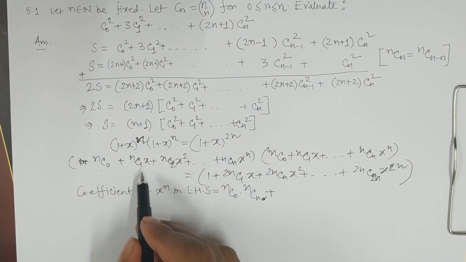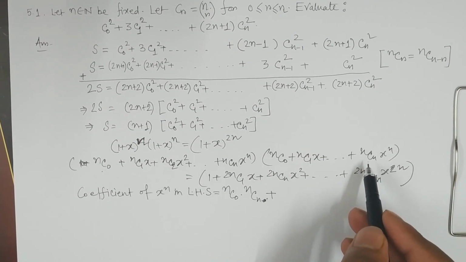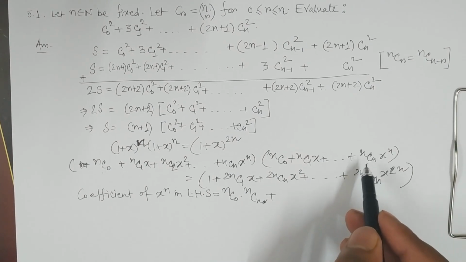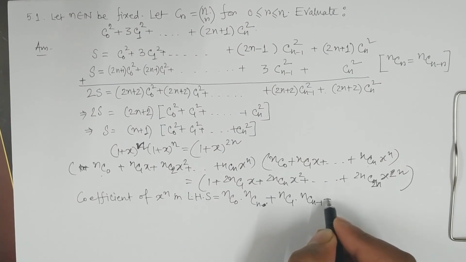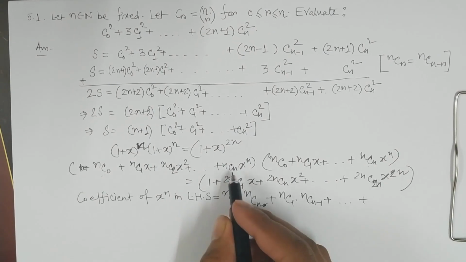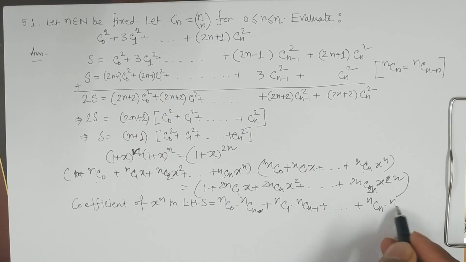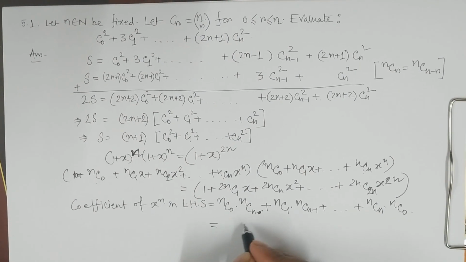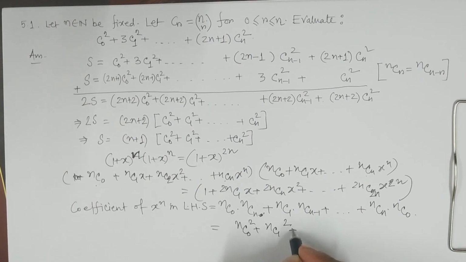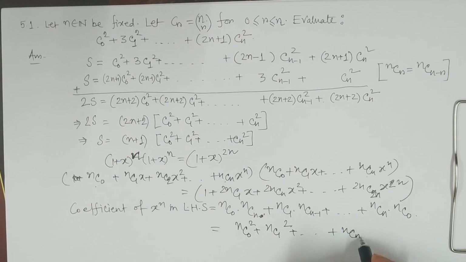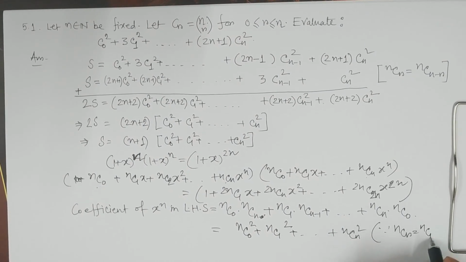And next, when it is x, you need to find the coefficient of x to the power n minus 1 here. So it is nC1 into nC n minus 1, and so on up to nCn into nC0, which is basically nC0 square plus nC1 square up to nCn square, as nCr equals nC n minus r.